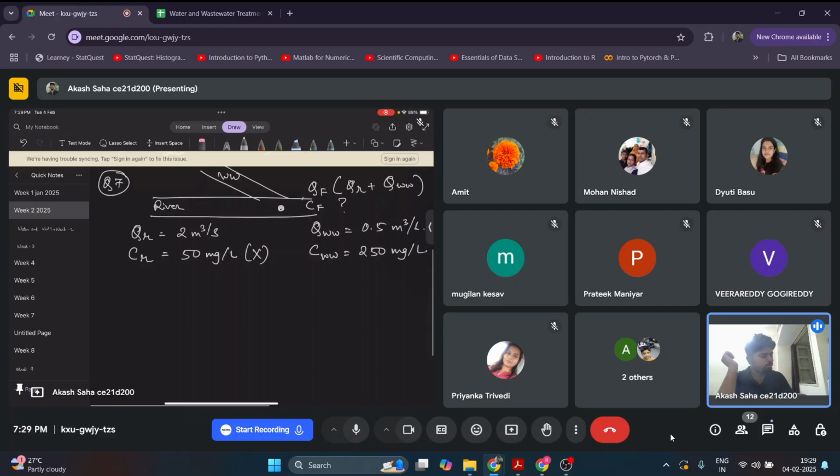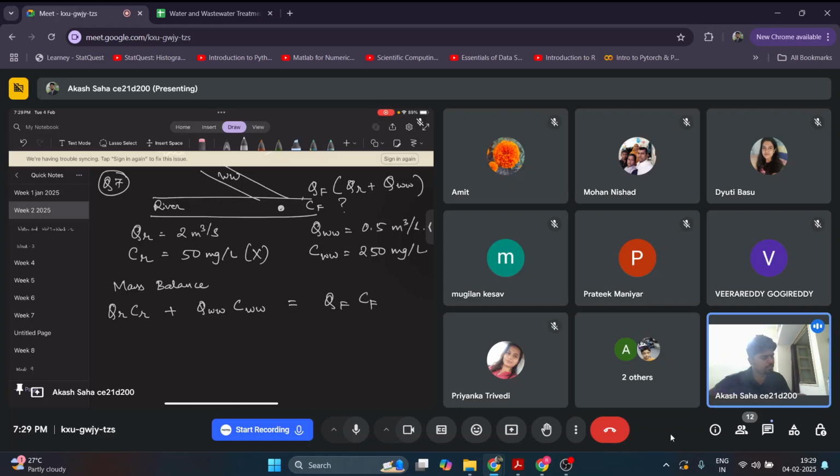So when we do a mass balance, mass balance per unit time, what is the formula I told you last time? That is QR into CR plus QWW into CWW will be equal to QF into CF. Right.